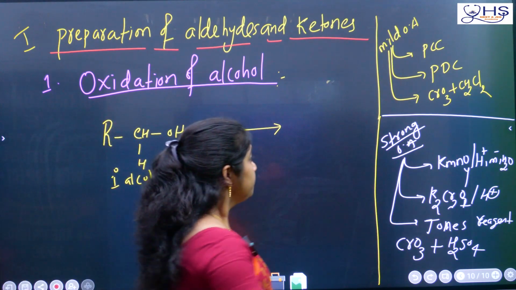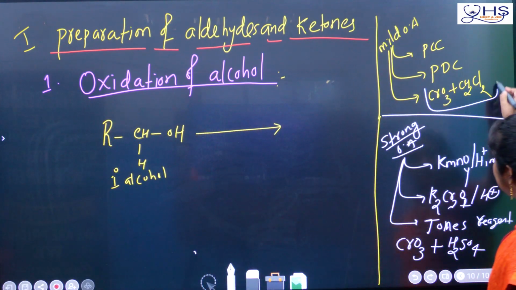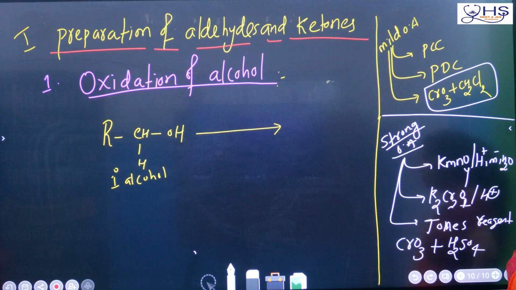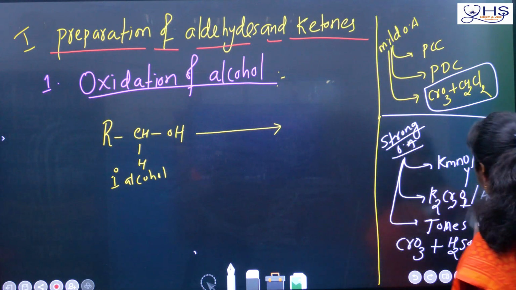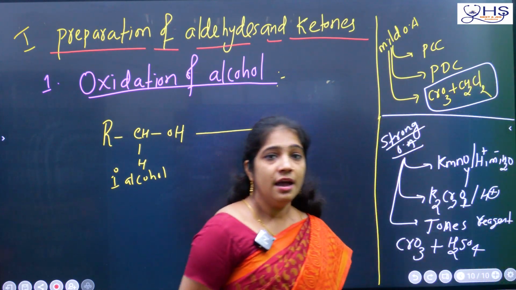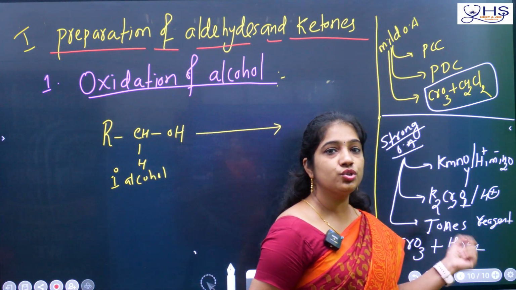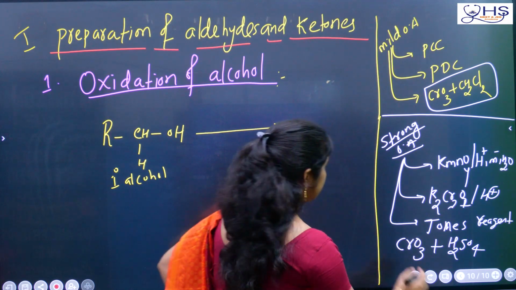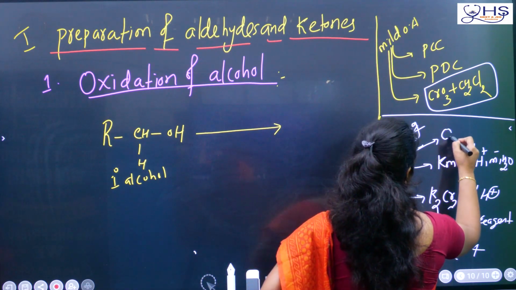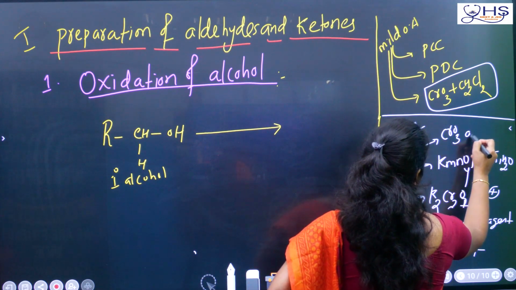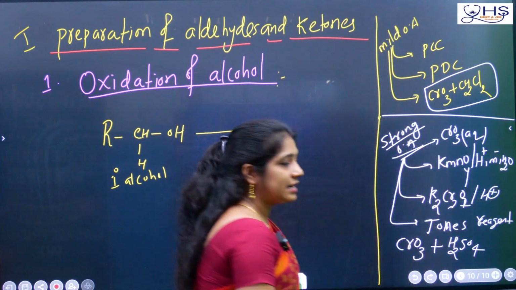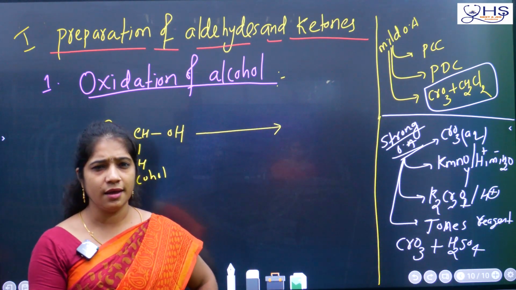So very important, when I am taking CrO3, it is common to both. But if I am taking CH2Cl2, it is a mild oxidizing agent. But if I am taking H2SO4, it is a strong oxidizing agent. One more you can take over here. If I am writing CrO3 aqueous, meaning water, it also acts as a strong oxidizing agent.